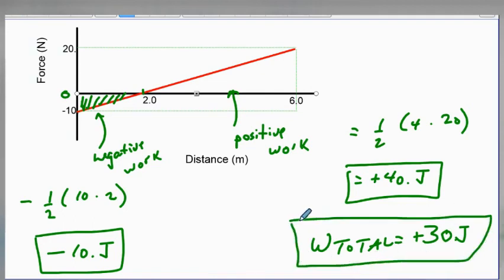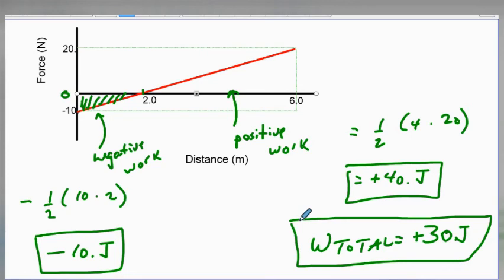Okay? So once again, we can figure out the area between the x-axis and the curve. And calculating that area is really helpful for finding the work done. It's most effective when you have a problem where the force being applied changes.